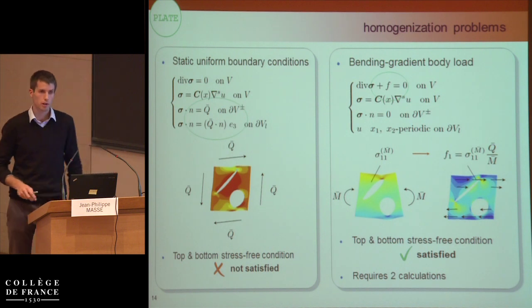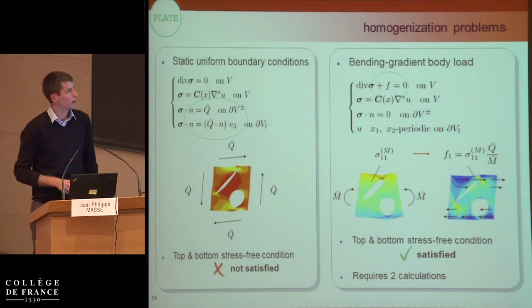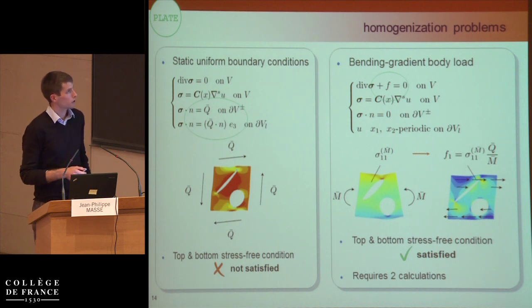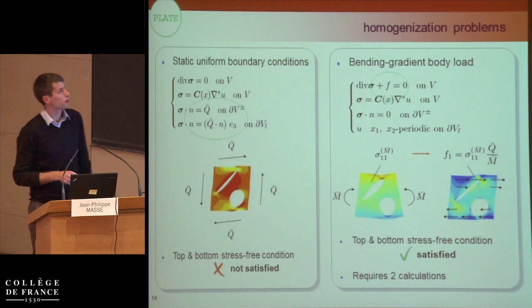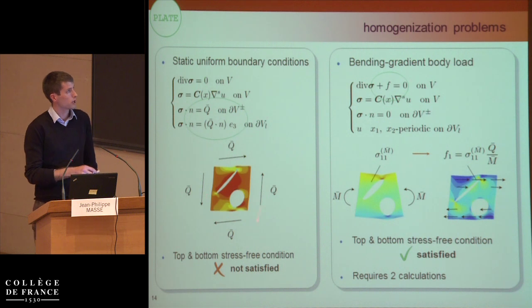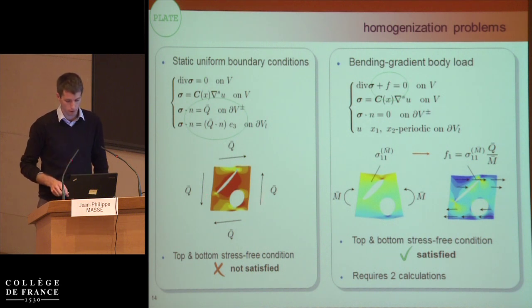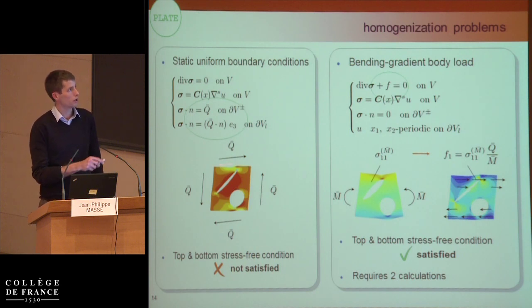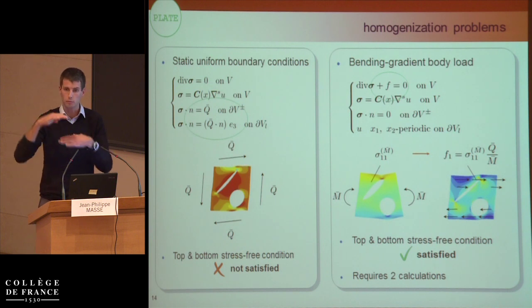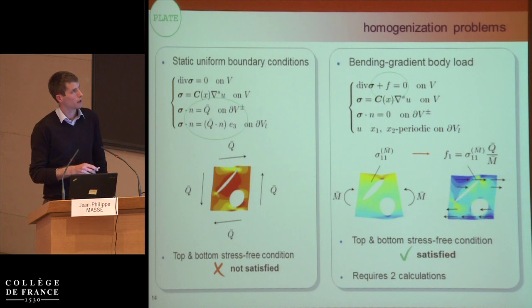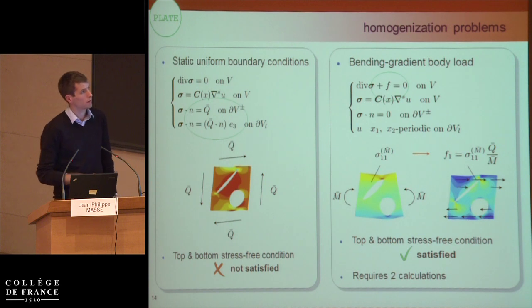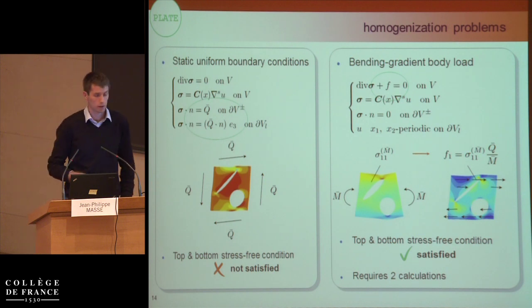Now I'm talking about the transverse shear, and it's not trivial to apply transverse shear on a unit cell. The easier way is to put a static uniform boundary condition, so we put shear force on all of the faces of the unit cell. But we don't really satisfy the stress-free condition on the top and bottom of the panel, and a nice formulation of bending gradient body load has been introduced by Cartreau and Lebe.